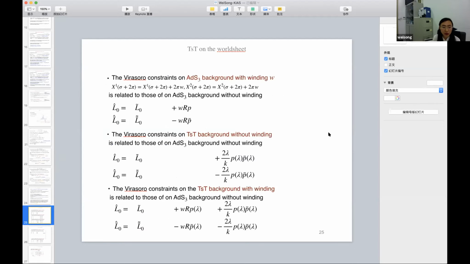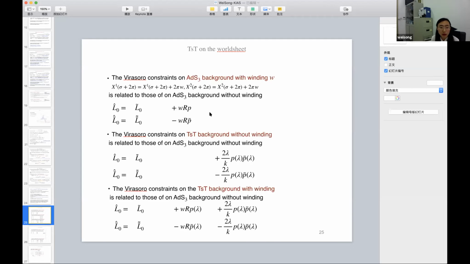So here's an example. Remember, we are considering long strings. That means that we consider strings with a certain winding number along this AdS circle.